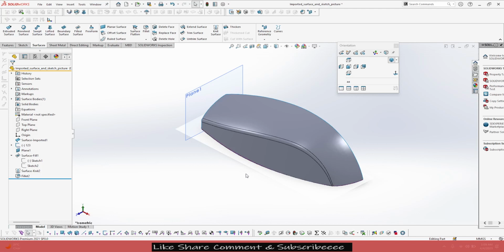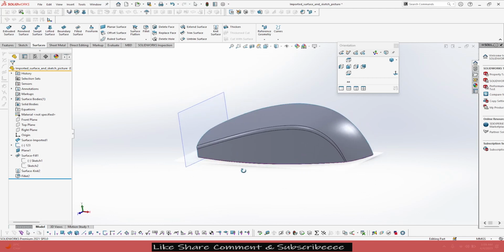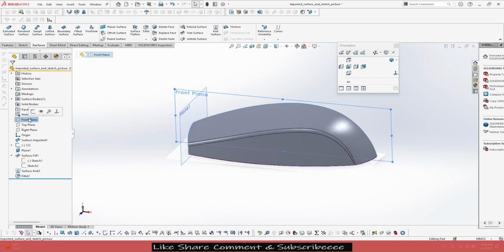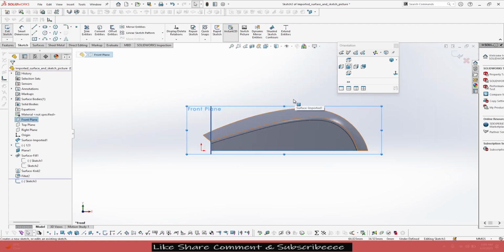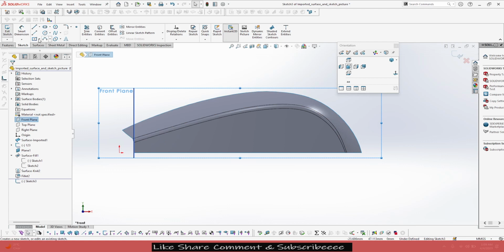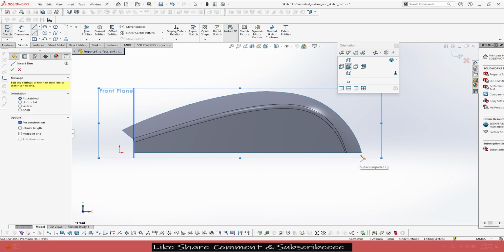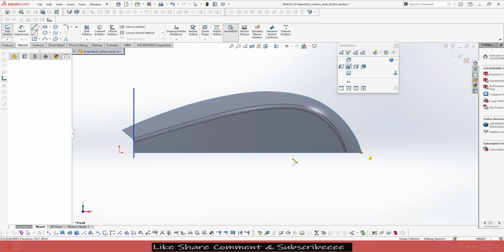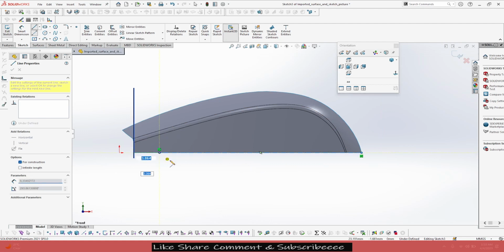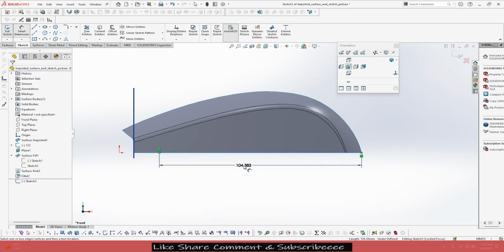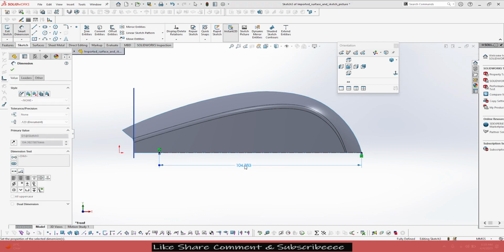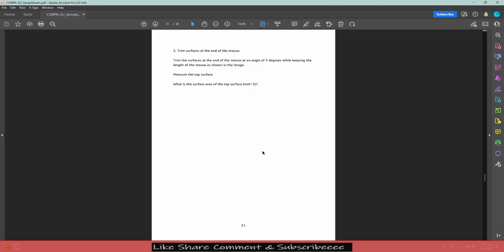Let's go to our part, and here we can simply take our front plane, go to sketch, and what we can do is we can take one construction line, draw a line like this, give it a dimension 115. I hope that's the value.